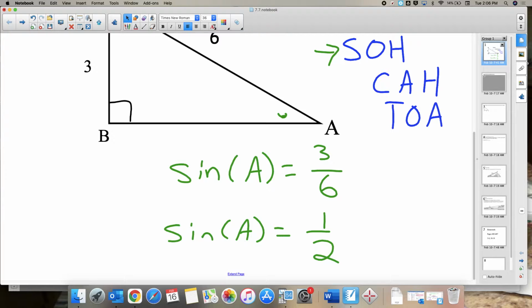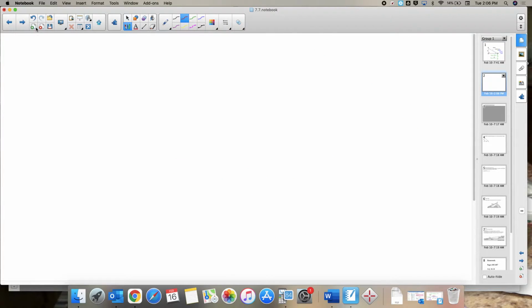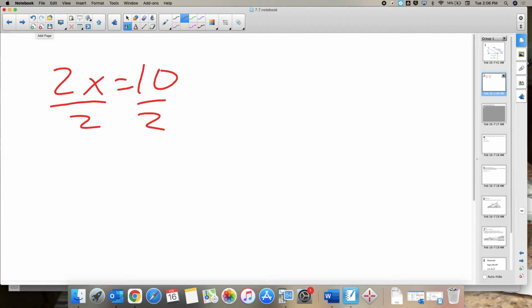What 7.7 does is it says, okay, this is an equation. It has a variable in it. Our variable is this angle A. We can actually solve this equation for angle A. All operations have an inverse function. When we have the equation 2x equals 10, to solve for x, we divide both sides by 2, because that was the opposite of multiplying.